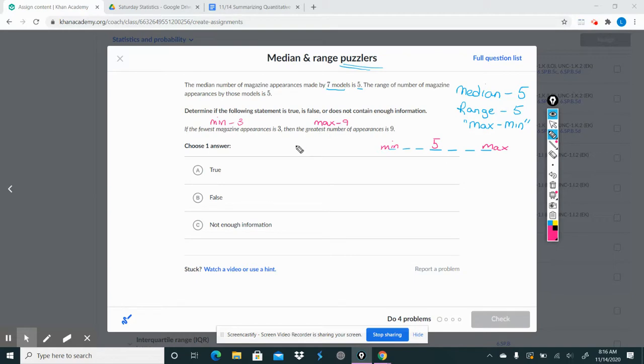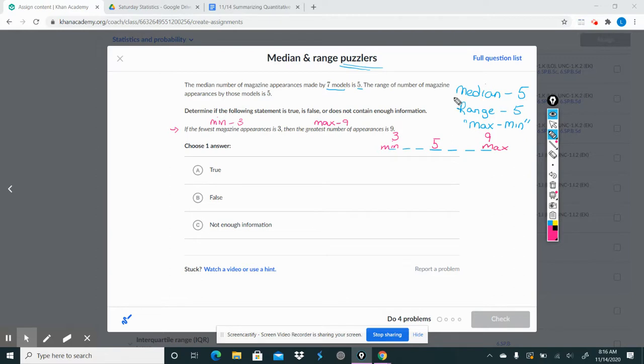So are we given enough information to state whether this statement is true, false, or do we have not enough information to determine that? If the fewest magazine appearances is 3, then the greatest number of appearances is 9. So if our minimum is 3, and pretend we were ordering all these values, can our maximum be 9?